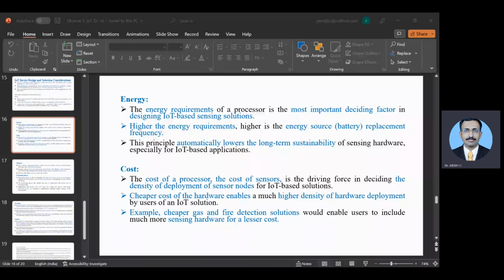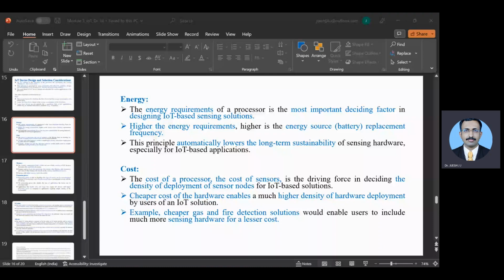So energy requirement is a very important parameter, the most important deciding factor for any IoT network. Because if you don't have energy, your node will fail. Your node will fail, your network will fail. So the higher the energy requirement, the more frequent the energy sources like battery replacement.